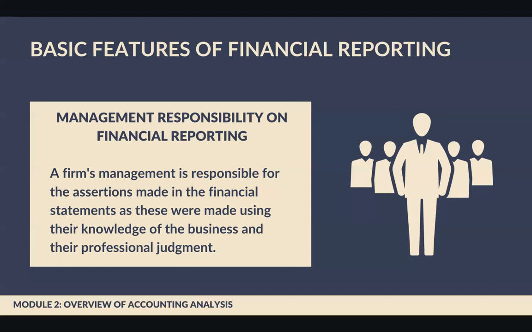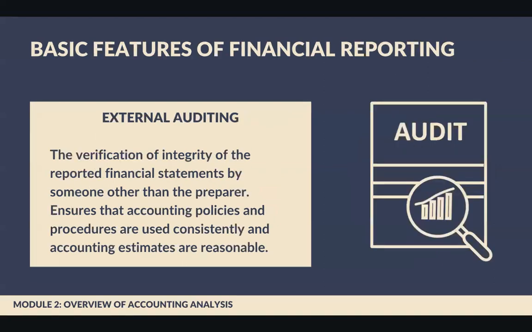Of course, if the management is responsible in preparing the financial reports, there is also a need for external auditing. So, in the last module, we said that auditing by a third party increases the reliability of a financial report.